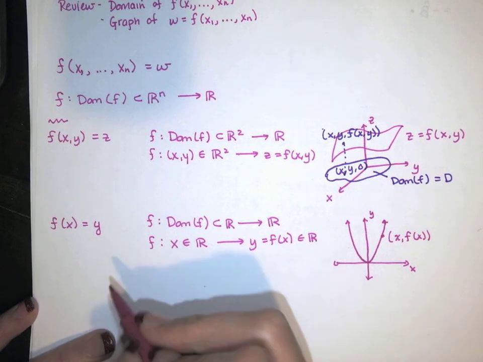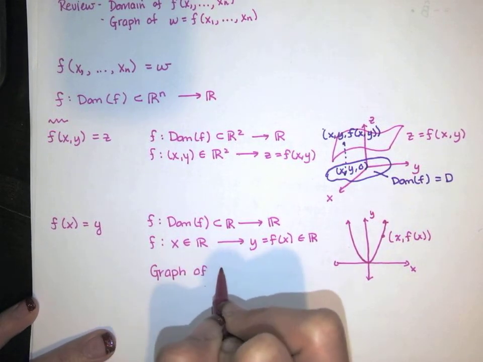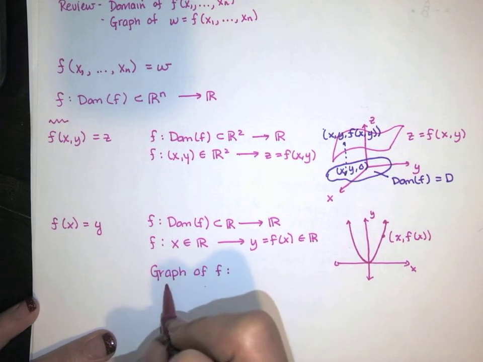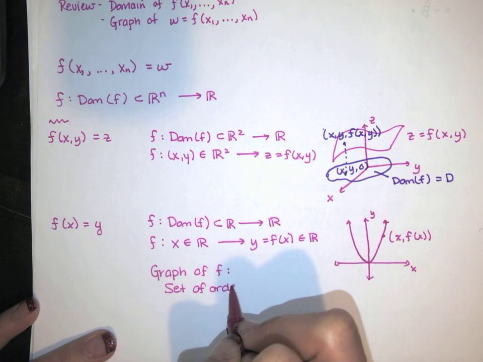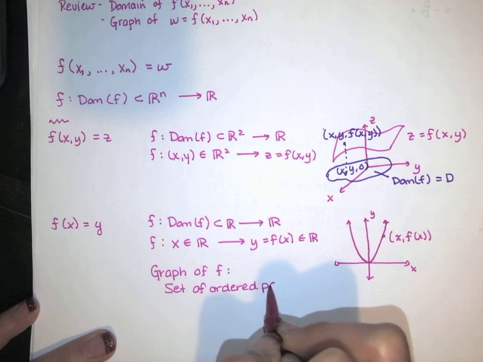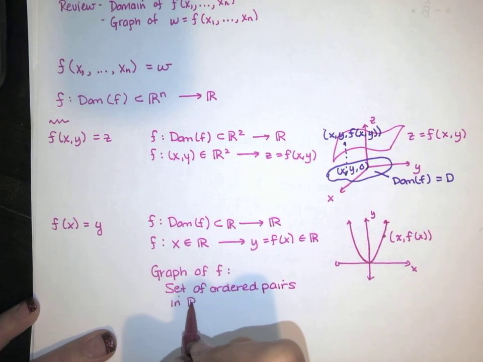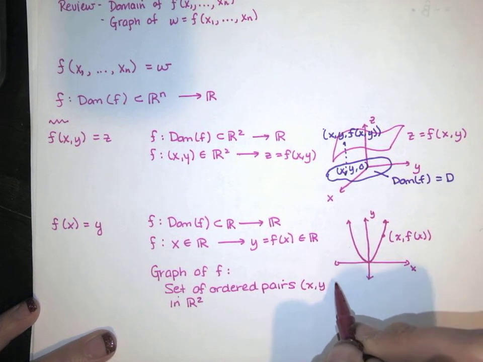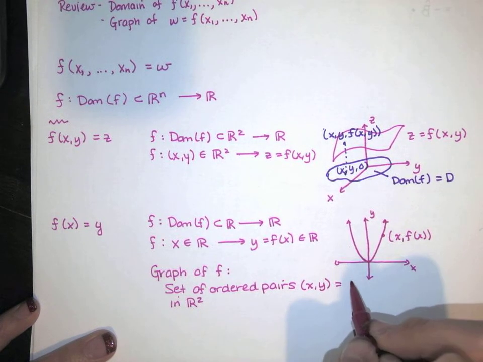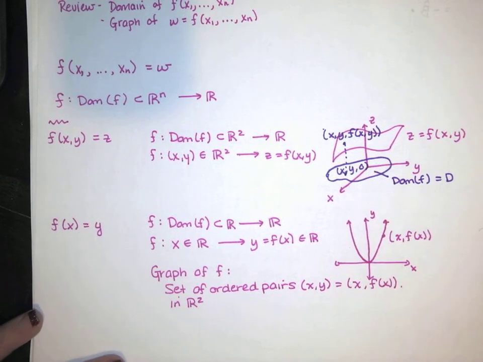So the graph of this function was a set of ordered pairs in R2. So it's a set of ordered pairs (x, y), where y equals f of x, in R2.